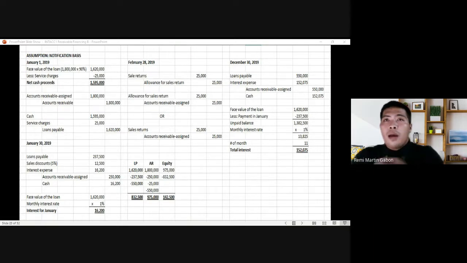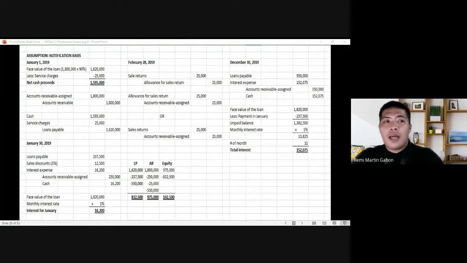Under notification basis, in order for the company to record the collection, the bank will notify the company of the collections right after the customers pay the bank and the bank applies the collections as payment. Then afterwards, the bank informs the company of the collections.